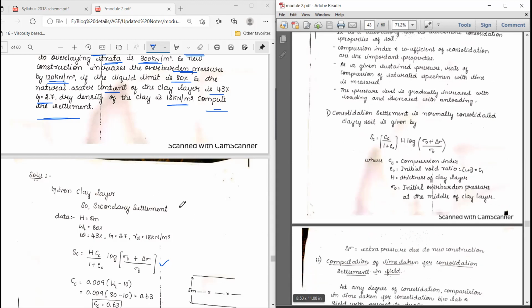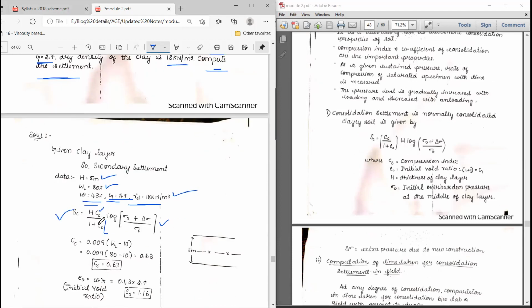Now in the problem, H is equal to 5 meter, liquid limit is 80%, natural water content is 43%, specific gravity is 2.7, and gamma d value is 18 kilonewton per meter cube. In this formula, one by one we need to calculate. First we will calculate C suffix C, that is compression index.